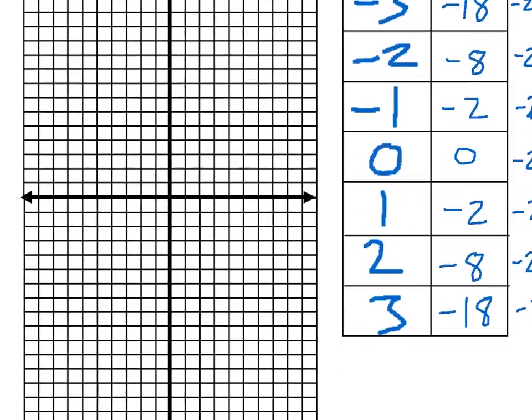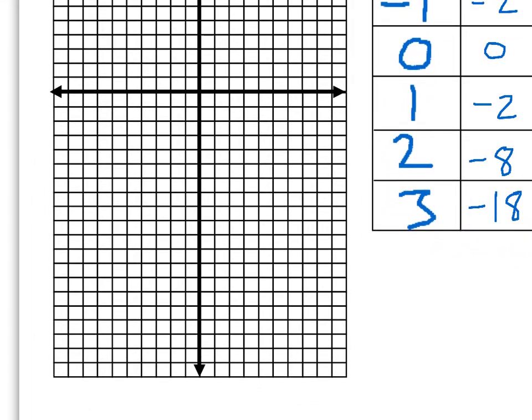Negative 3, negative 18. So that's over negative 3, 1, 2, 3, and down 18. Next was negative 2, negative 8.